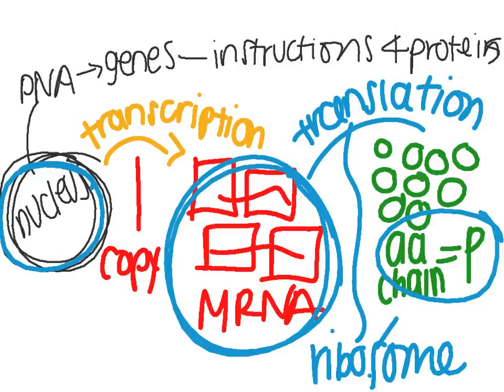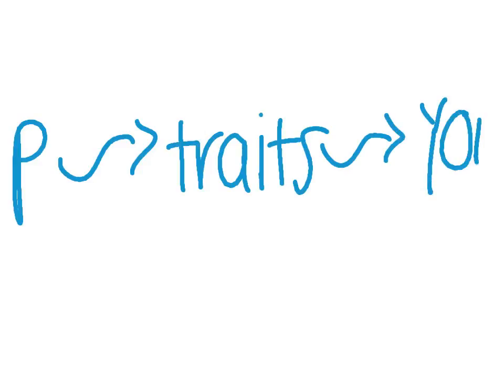And then all that information is translated within the ribosome to make proteins, which is chains of amino acids. And then from the proteins you get your traits, and from your traits, you get you.